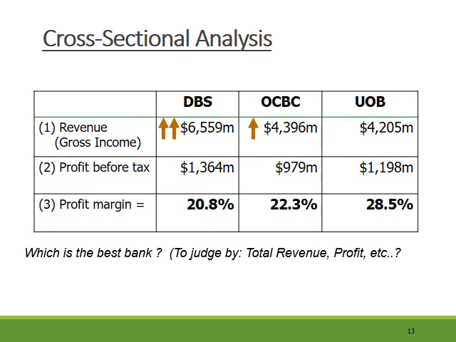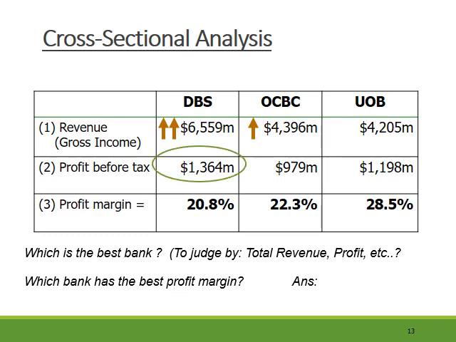By total revenue, profit, or profit margin? Which bank has the best profit margin? We can see that DBS has the highest profit before tax, but the one with the best profit margin is UOB, standing at 2.85%. So the answer is UOB.